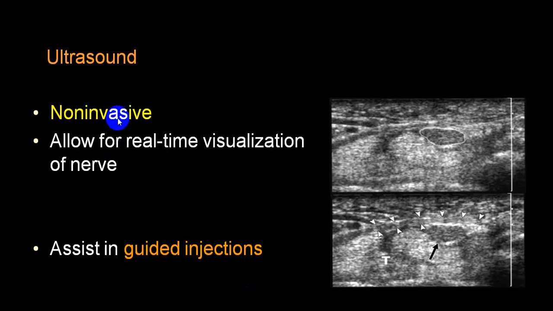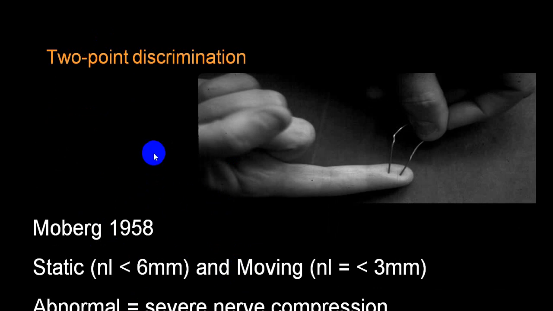Ultrasound is non-invasive and can give you a very good idea regarding compression, and it is also utilized for ultrasound guided hydrocortisone injections as part of treatment in carpal tunnel.